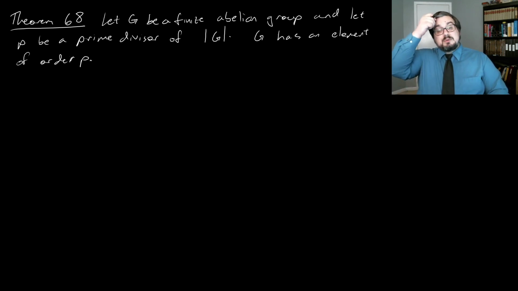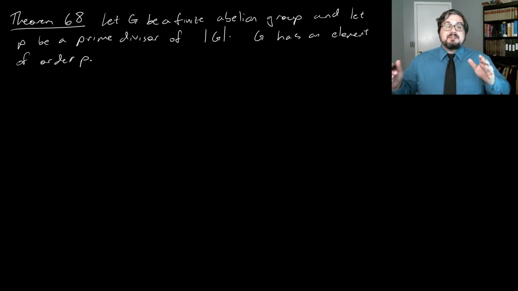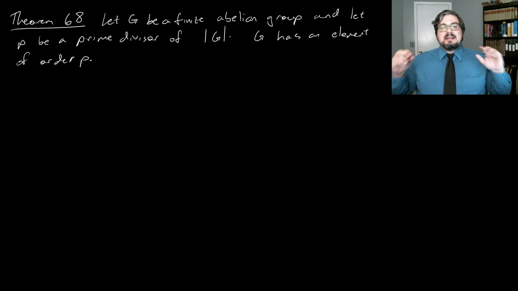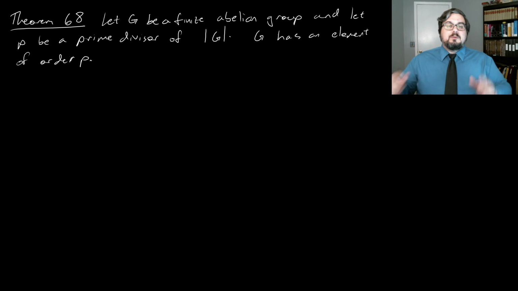And we're actually going to attack it using factor groups, which, again, it doesn't look like we necessarily will. There are no factor groups in the theorem. What the factor group is going to allow us to do is to use induction. It's because the factor group is going to be smaller than the original group, unless the original subgroup was trivial. Because the factor groups are smaller, we're going to be able to use induction to attack this problem.